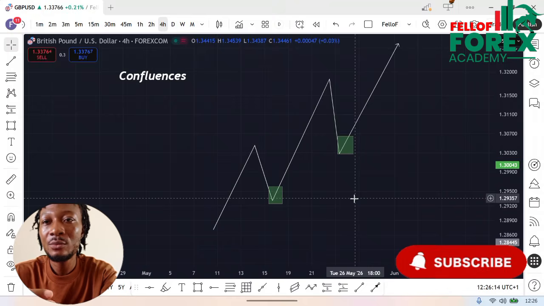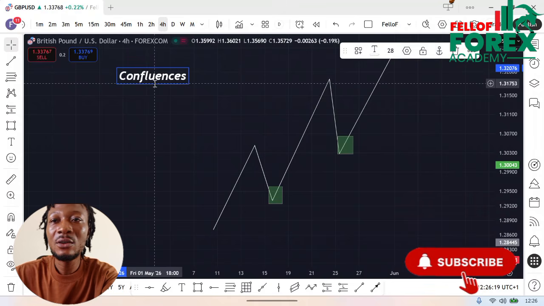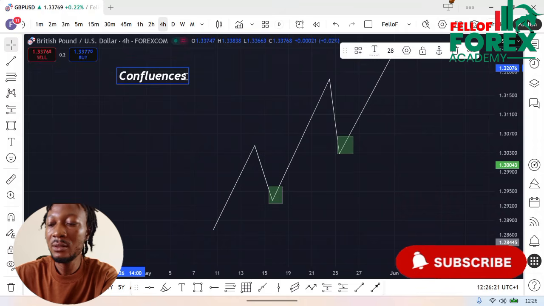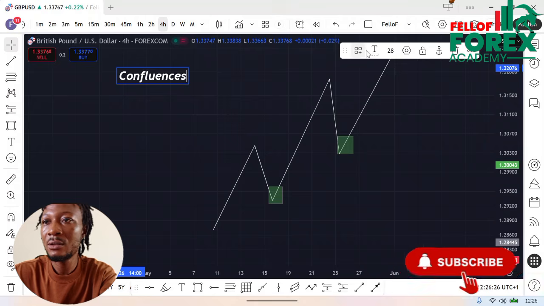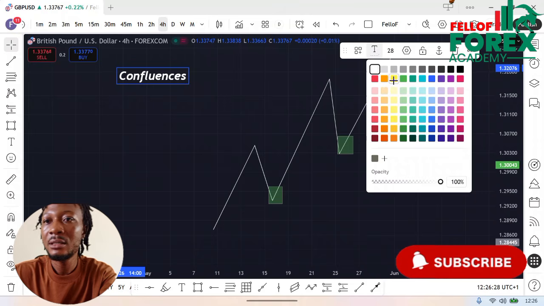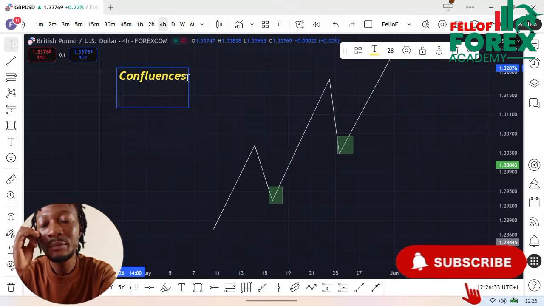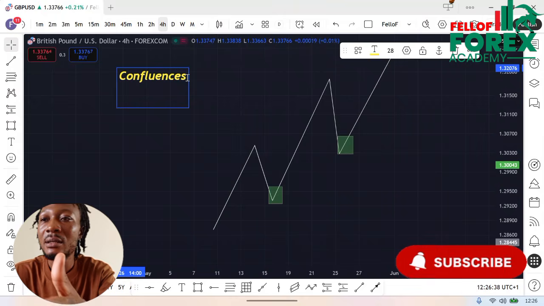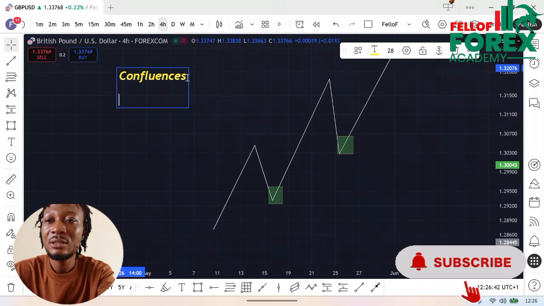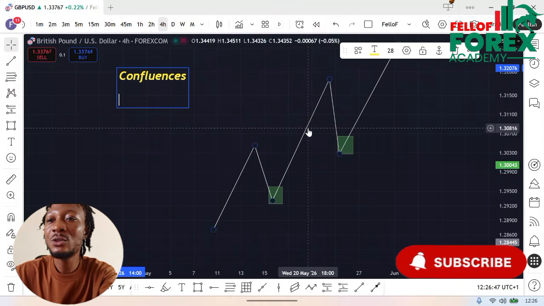Today, since we're talking about confluences, let's say we are in an uptrend. Let's change the color. I want to make it yellow. So let's say price is showing you an uptrend, or it is breaking structure, like you have a break of structure here. And now, after the break of structure, what are you looking for?